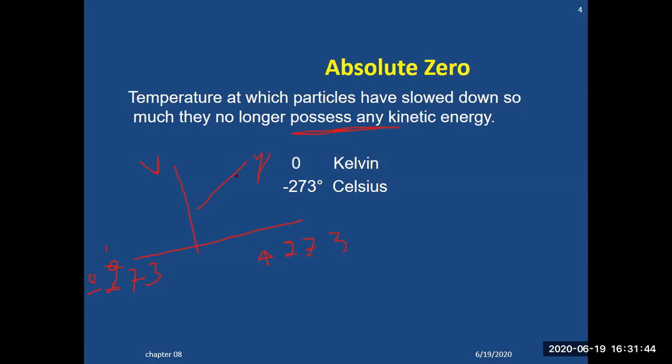If theoretically you extend this line to the other side, to the negative side of the temperature, it reaches minus 273. Here, the value of volume will be zero.